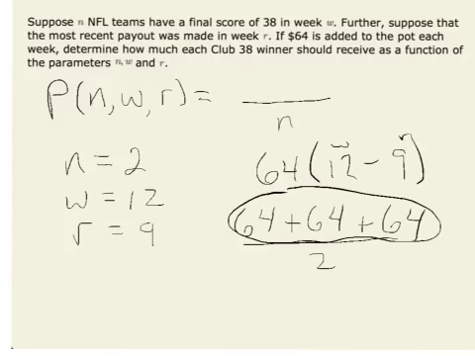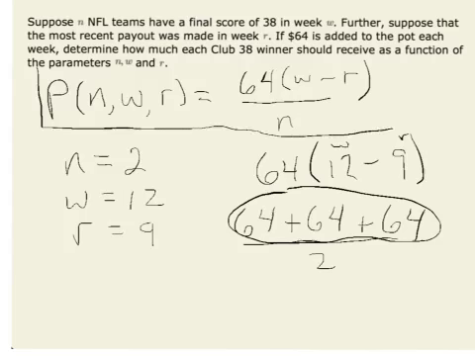So our formula here would be 64 times w minus r. And that's the function that'll tell you the payout in any given week if you know how many weeks it's been since the last payout and the number that are hitting 38 this week.